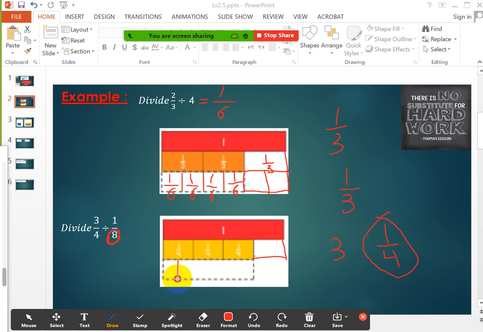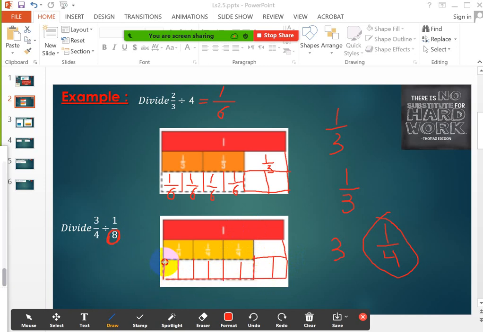This is the first one, second one, third, fourth, and so on up to 8. This is how I will divide into 8 equal parts.